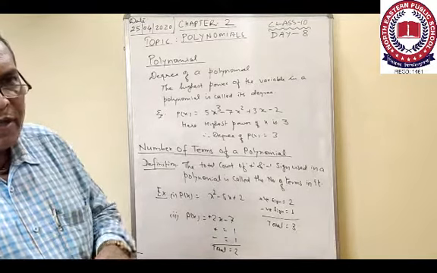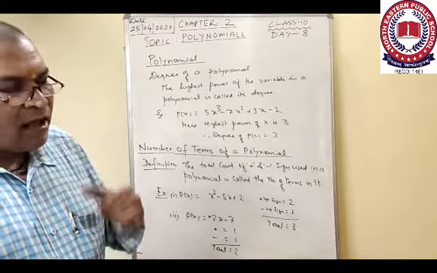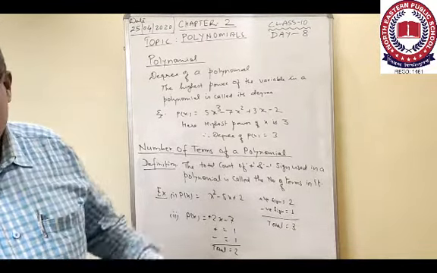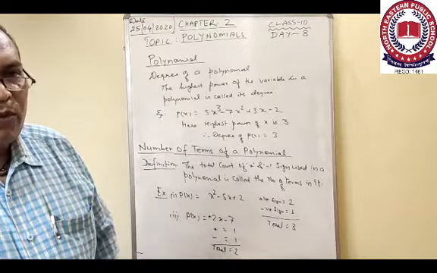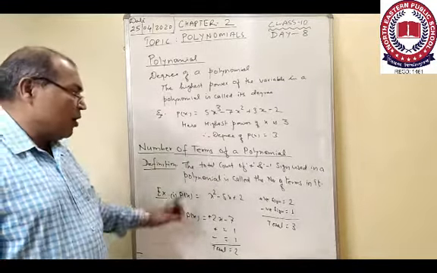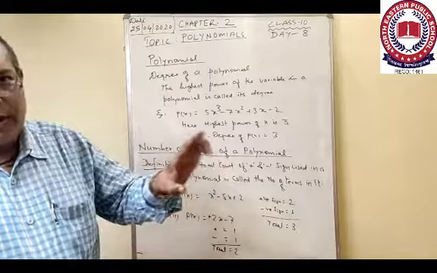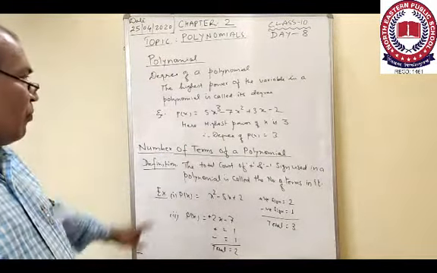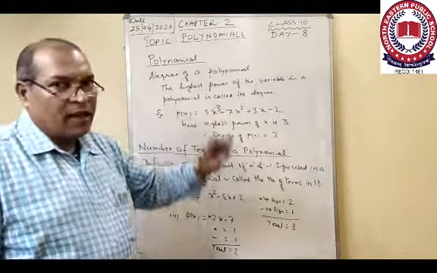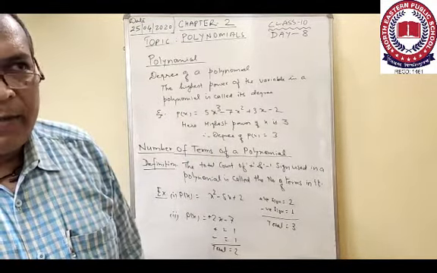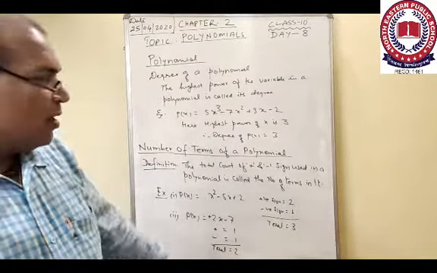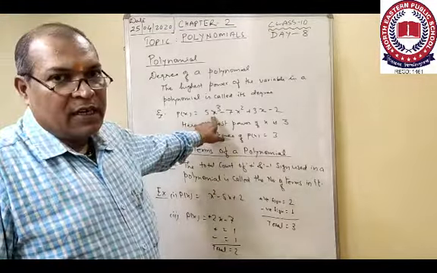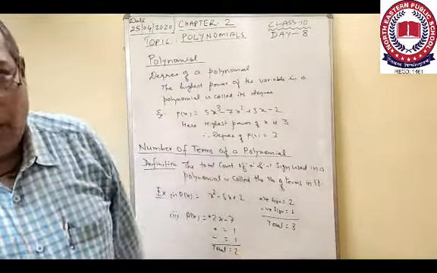So always observe how many positive signs are there, how many negative signs are there. Write the count of both positive and negative signs in a polynomial, so that the number you get is equal to the number of terms in that polynomial. But for degree, the highest power of the variable used in a polynomial is known as the degree of that polynomial.